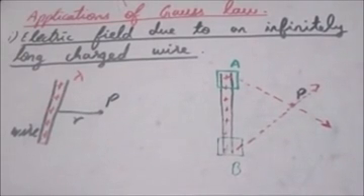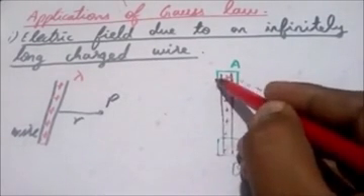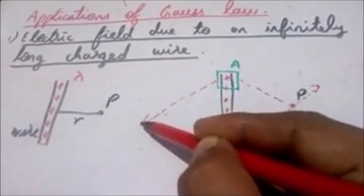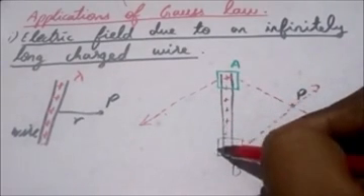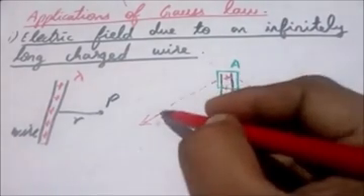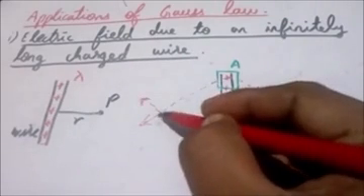In the same way, on the left side also, we can see the electric field due to the top charge element. Then at point B also the electric field will be like this way. These two meet here.